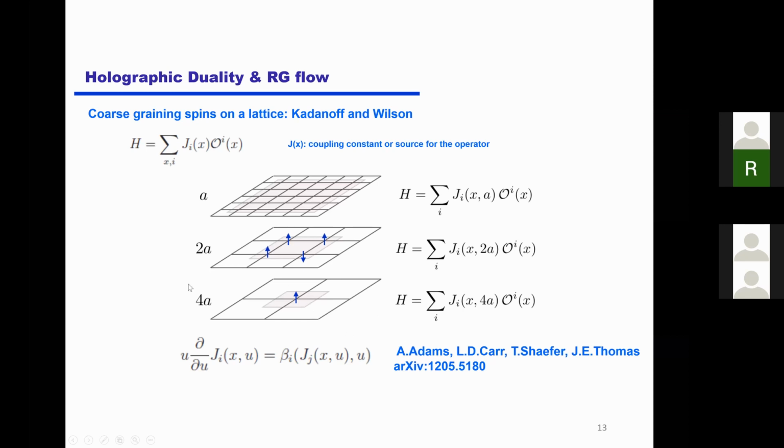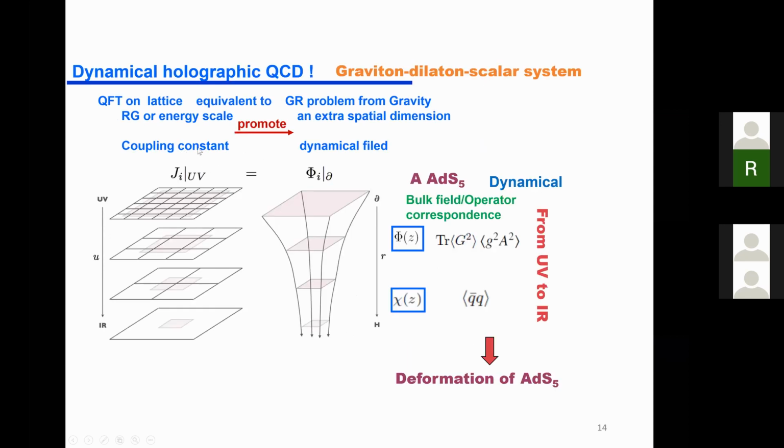Based on this, we can promote the coupling constant to a dynamical field, for example, the dilaton field. Then we construct such a dynamic holographic QCD model, introducing this dilaton field to describe gluon dynamics, and also introducing another scalar to describe the chiral dynamics.